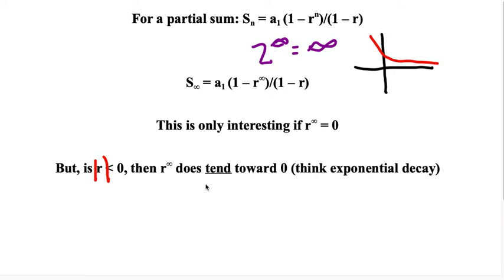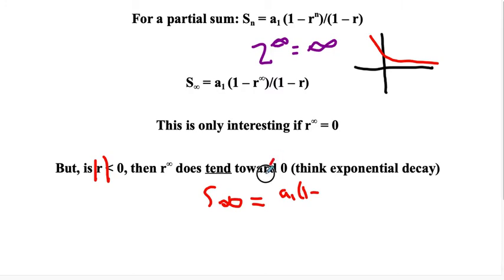So what this means is, if we're looking at the sum formula, then what? Well, S of infinity would be simply what? S of infinity would be a sub 1 times 1 minus r to the infinity.